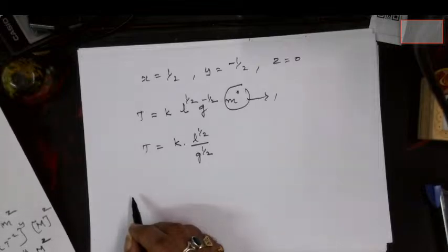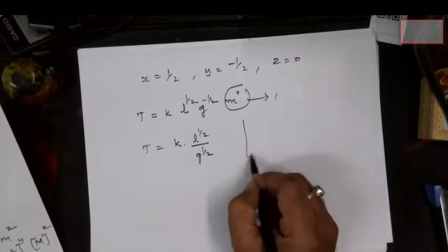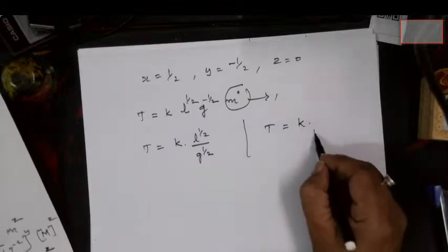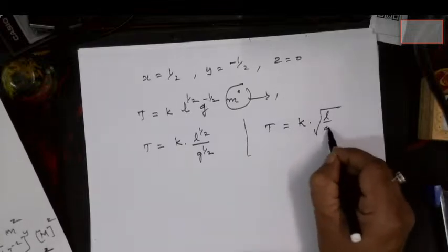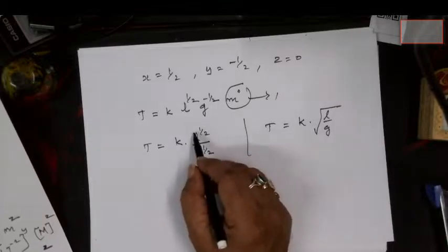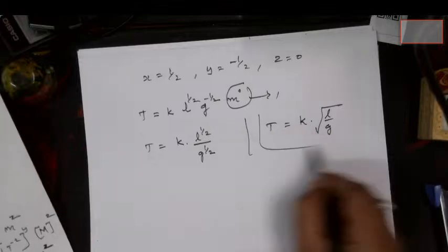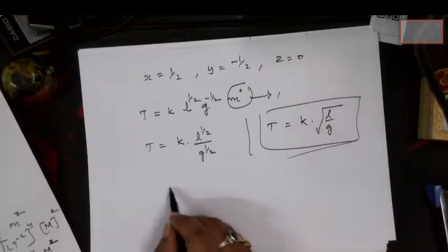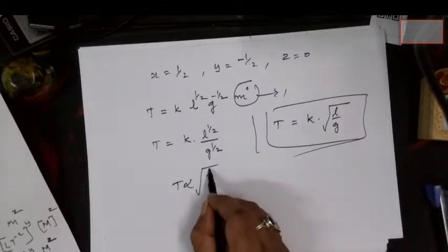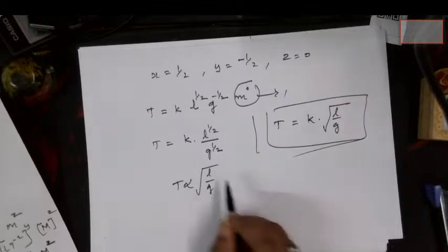Are you able to follow? So it means T is equal to K into the square root of L by g. Because power 1 by 2 means square root. So T is proportional to the square root of length divided by g.